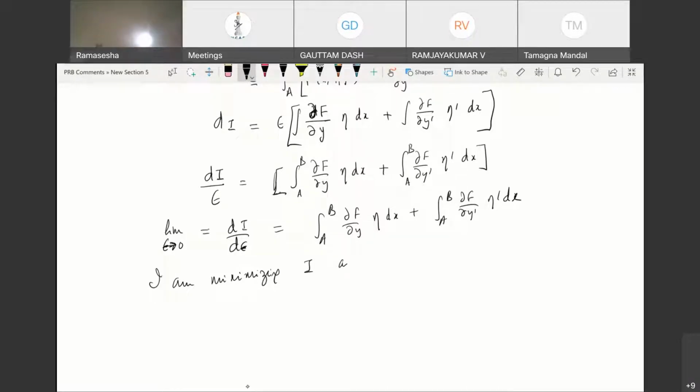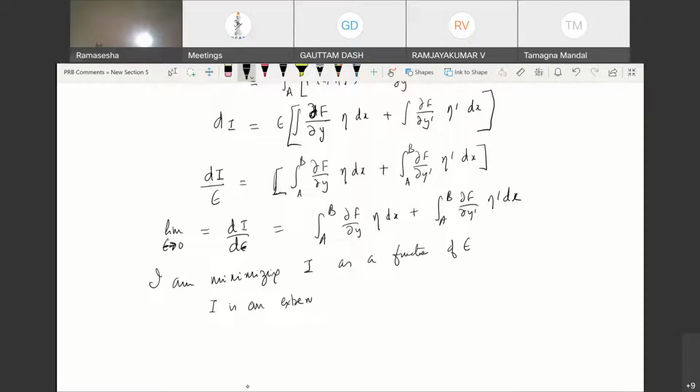So I'm almost dealing with it as if the calculus of maxima and minima becomes the calculus of variation. Which means that I is an extremum if dI by d epsilon equals 0.